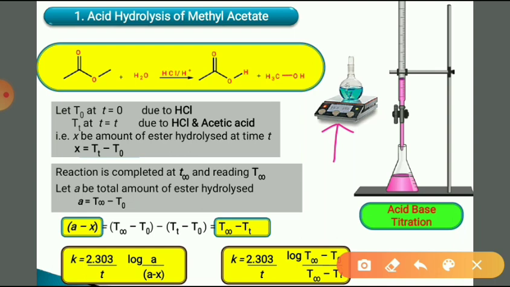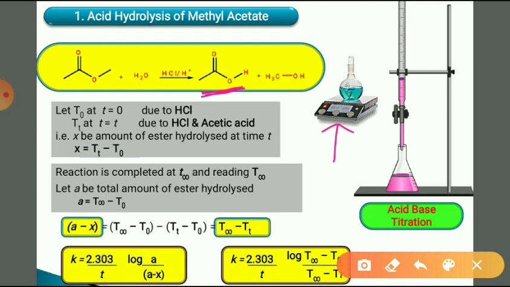Here also, for measuring the rate or order of the reaction, volumetric analysis is used. At regular time intervals, a small, known volume of the reaction mixture is withdrawn from the reaction.